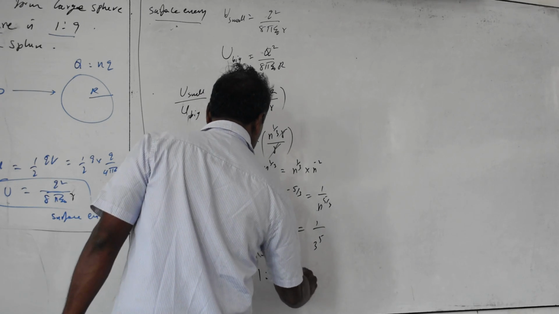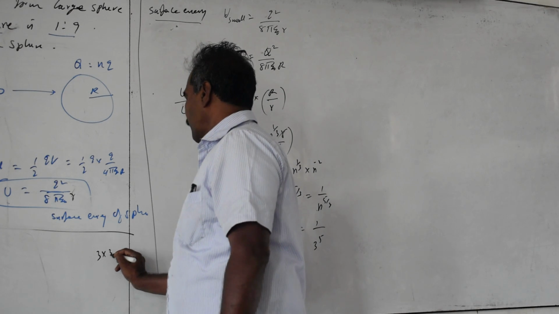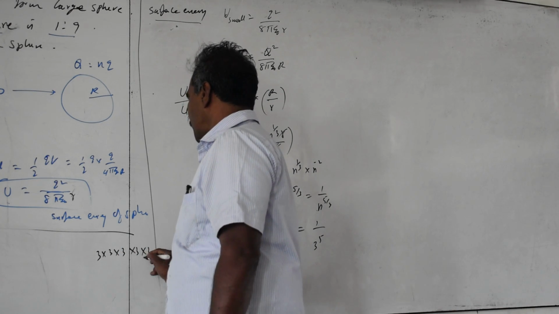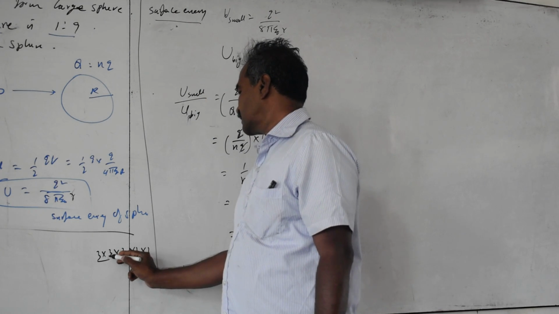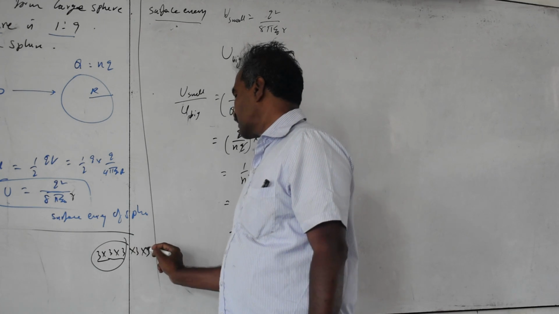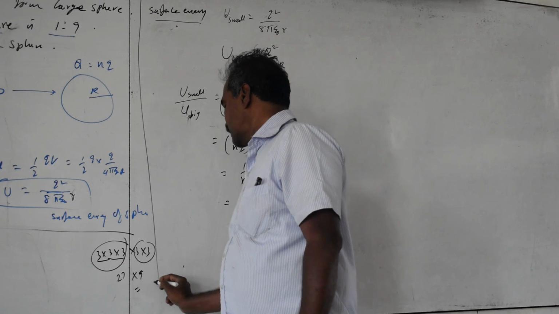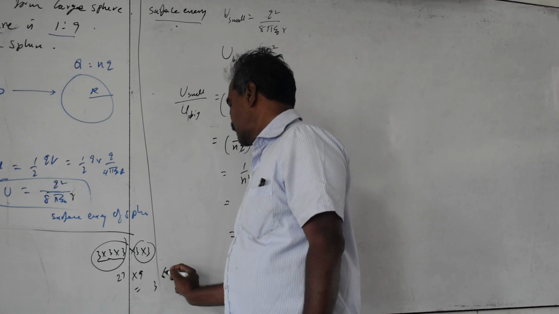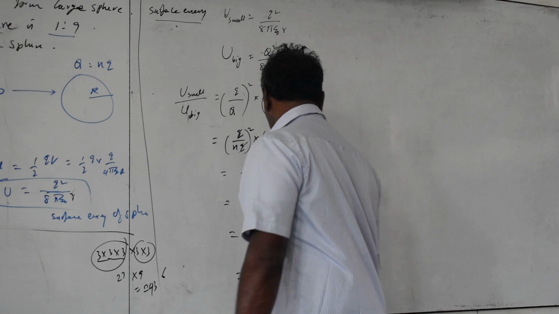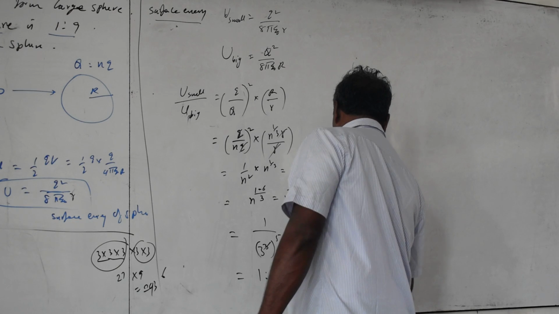3 to the power of 5 means 3 into 3 into 3 into 3 into 3. This is 27 into 9, which is 243. 1 by 243 is the answer.